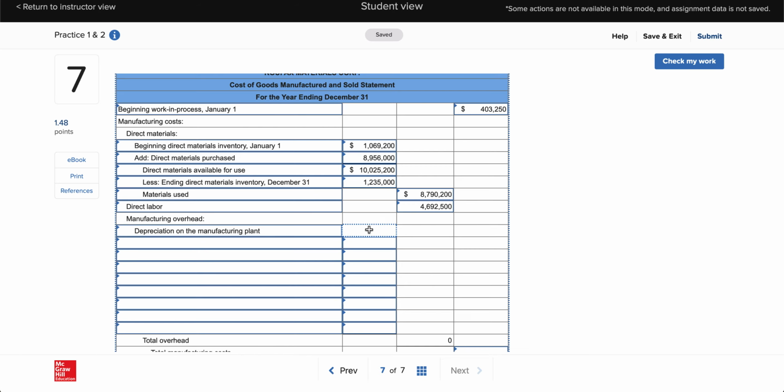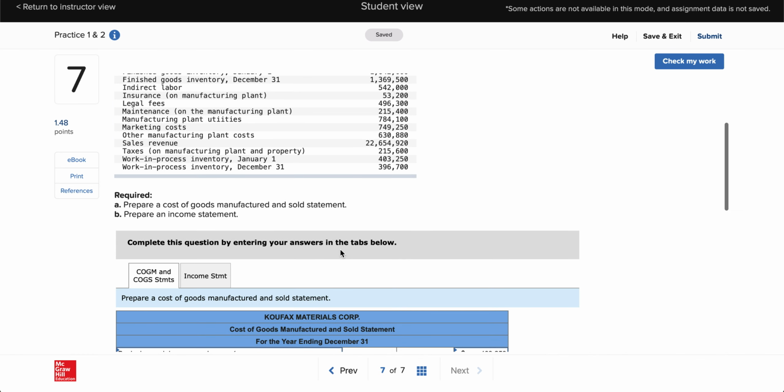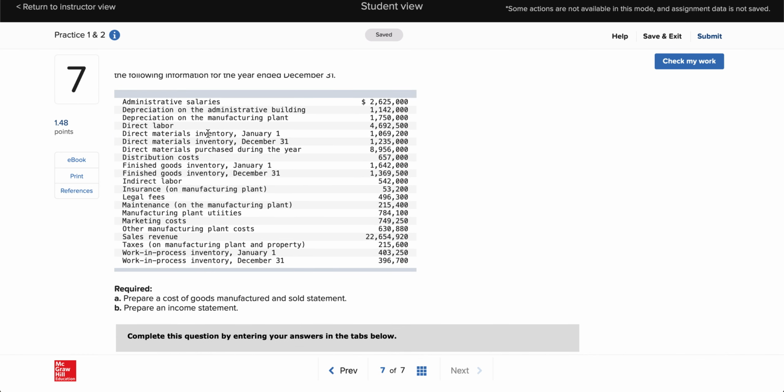Depreciation on the manufacturing plant, 1,750,000. Next item we are looking at is the indirect. Let's see. We did all of these already. So I'm looking for indirect manufacturing labor, which is 542,000.